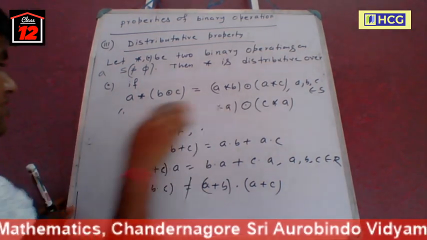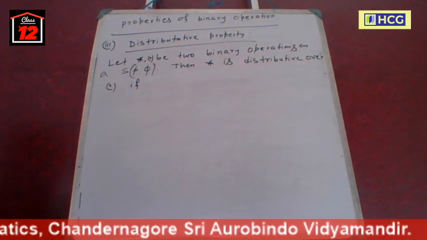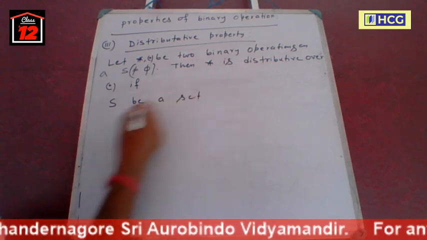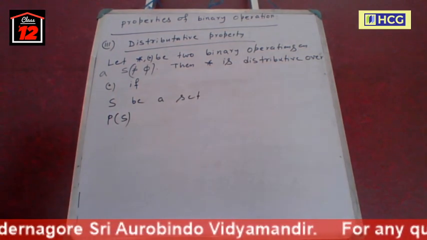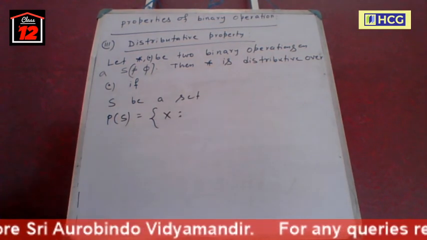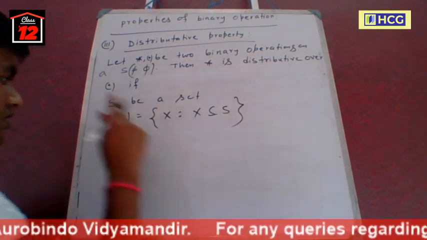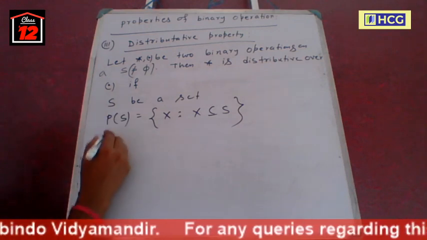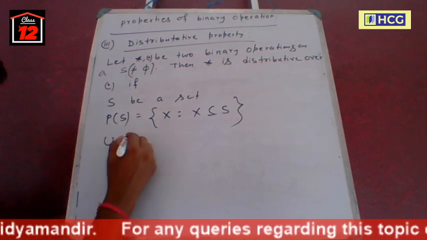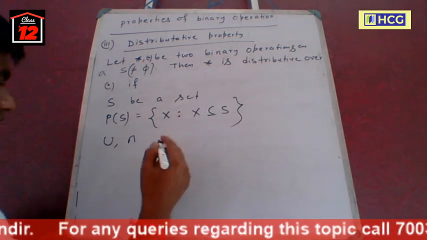Now take another example. Let capital S be a set, and the power set of S. The power set of S is the collection of all subsets of S. Now union of two sets and intersection of two sets are binary operations on P(S).